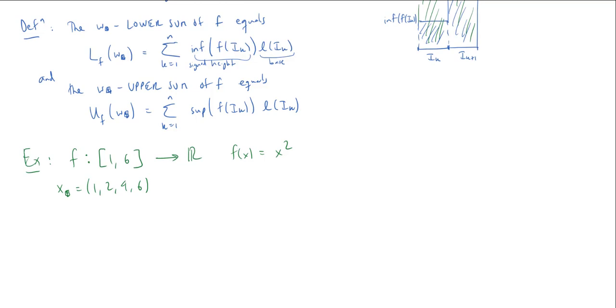It's not too hard to write down these sums, because instead of some k equals 1 to n, how many parts are there? Well, there's 1, 2, 3. We count the commas. This is a 3 partition of [1, 6]. So there's just going to be 3 summands.